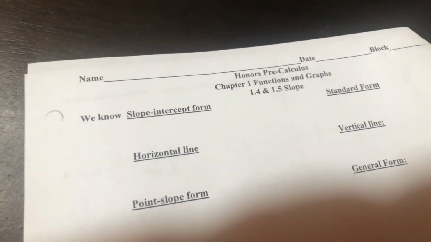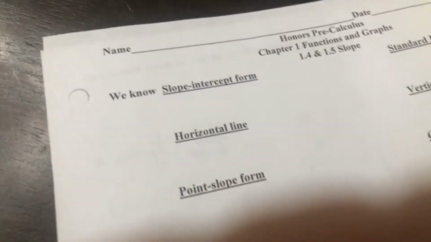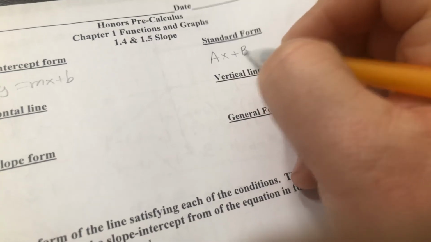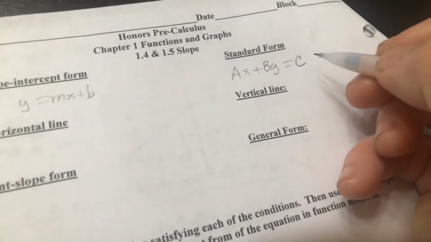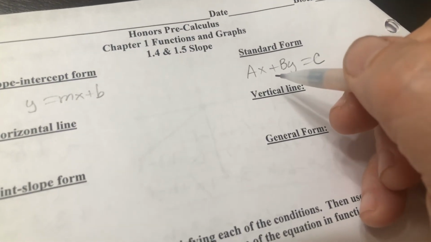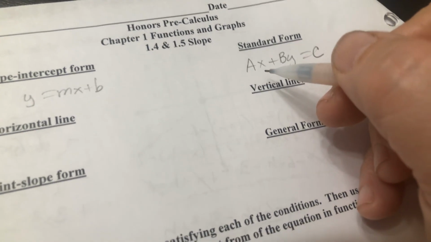Okay, so we're only doing 1-4 today, but 1-4 is a complete review of Algebra 1. So I'm going to zip through this pretty quickly. Slope-intercept form is y equals mx plus b. Standard form is ax plus by equals c. Usually they like the x term written first, and there's no fractions.